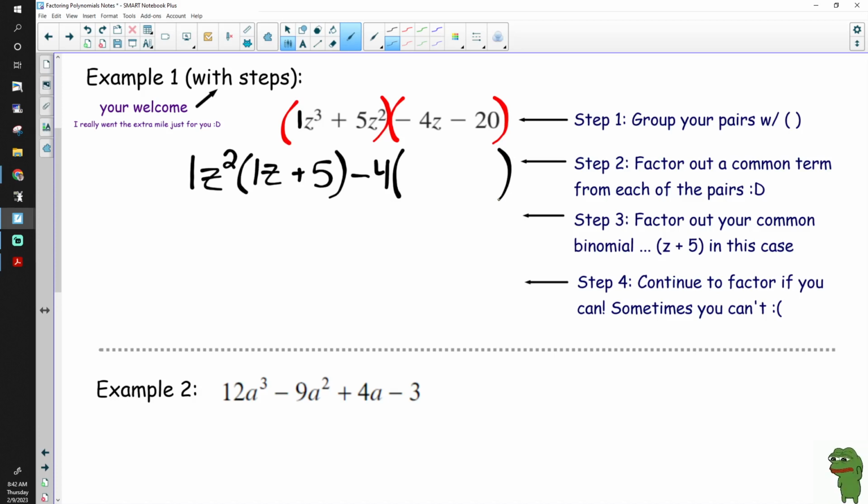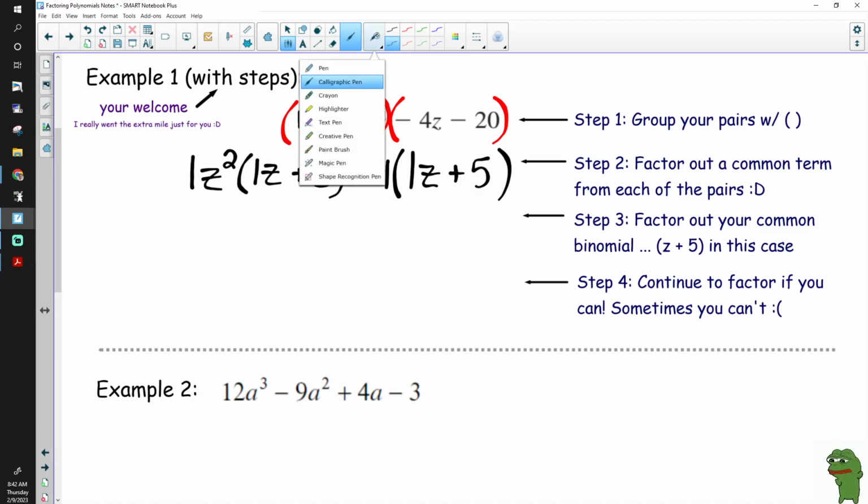What am I left with when I divide -4 by -4? Just left with a positive 1z. And look, it's starting to look like my other one. And then if I divide -20 by -4, I get +5. And look at that.